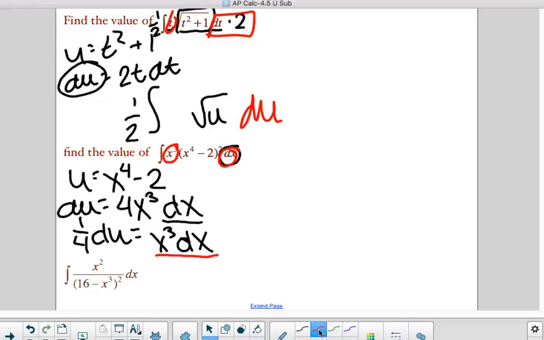So it's either an algebraic substitution of I have x cubed dx, so let's get that by itself to see what it's equivalent to. So x cubed dx is equivalent to 1/4 du. And with the u substitution, then we have a u squared in the middle.